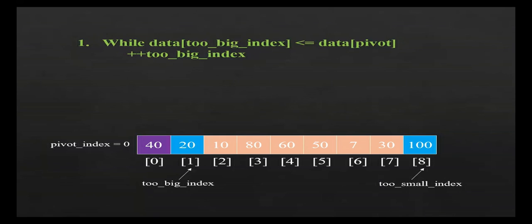If the condition is satisfied, then we'll perform a swap. And we'll continue this process until we find the appropriate position for the pivot element, that means until 40 gets its exact position.